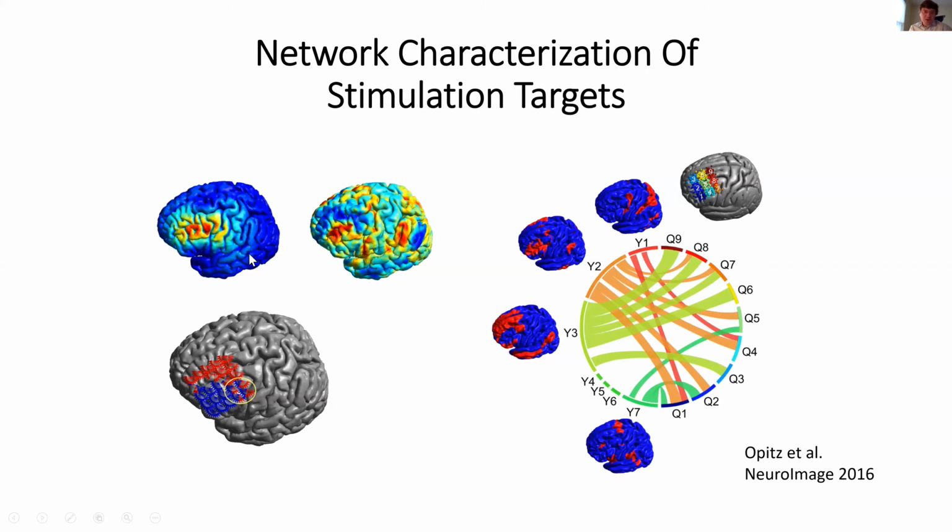And this is one modeling study I did a few years ago, where we looked at different potential targets in DLPFC regions, and showed that we have different connectivity profiles depending on the target. And it's also something, depending on where you place it, that is maybe more likely to engage one target than another one.